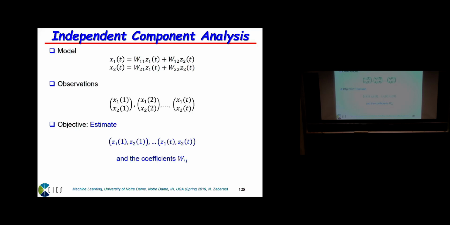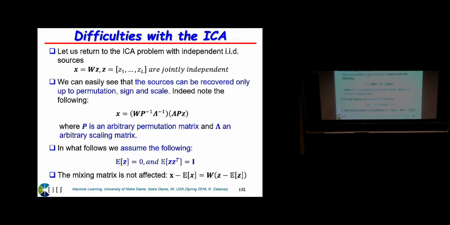So let me see if I can go first to slide 132. Even if we assume that the z's are jointly independent, there is still an issue, and there is nothing you can do about it.